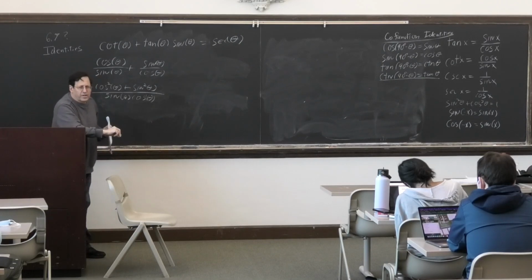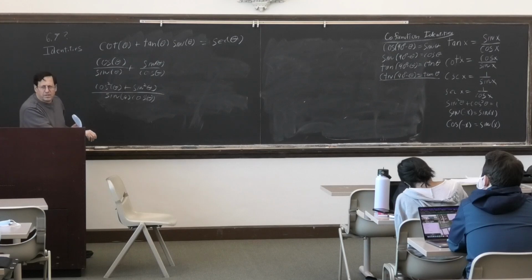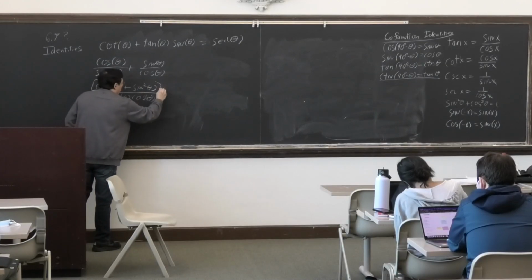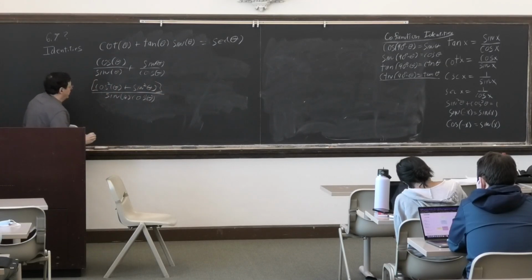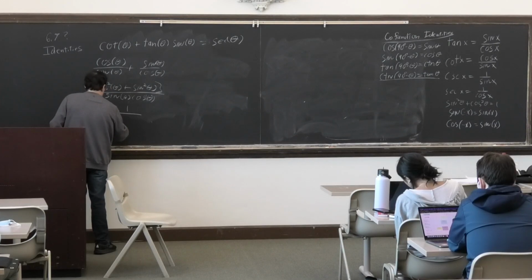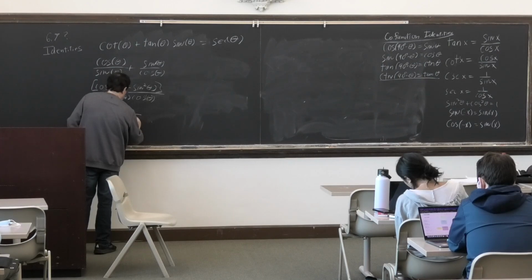This brings up the second strategy: look for the Pythagorean identity. As I said, it's ubiquitous. Well, here we have it: cosine squared plus sine squared. That tells me this is 1 over sine theta, cosine theta.